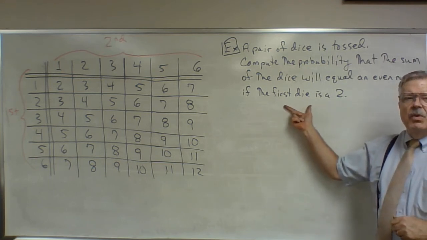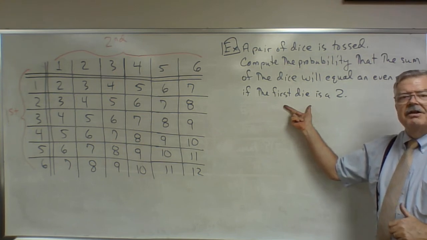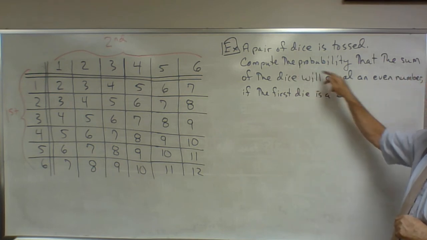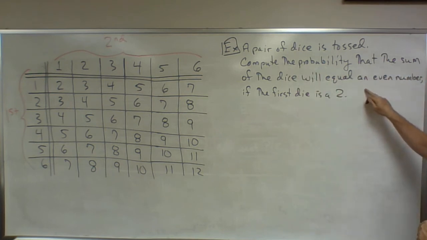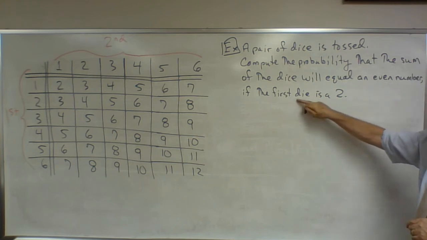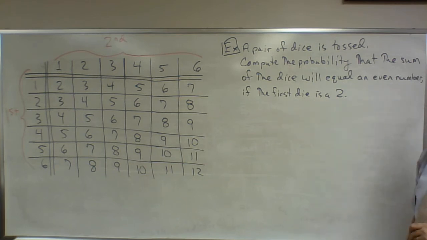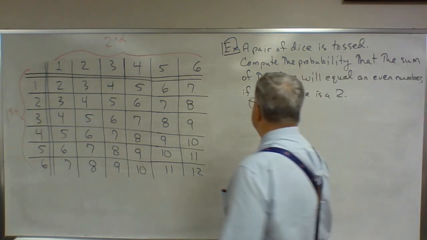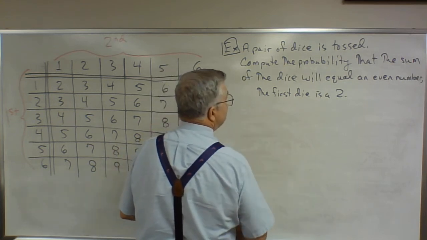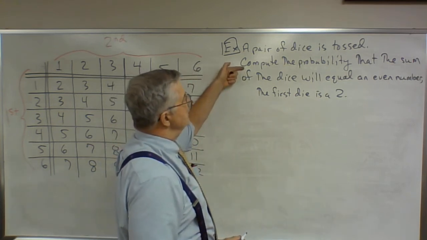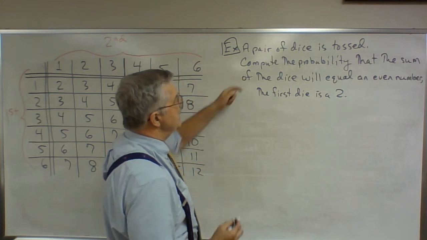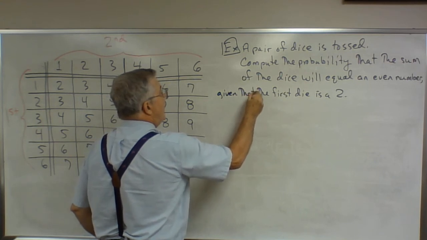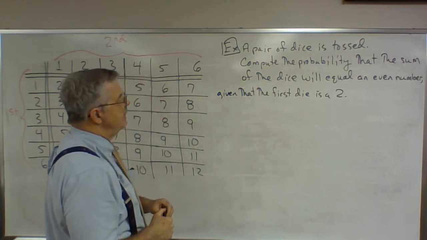We can reword this in conditional probability lingo. They say compute the probability that the sum of the dice will equal an even number if the first die is a 2. In conditional probability lingo, what they're really saying is compute the probability that the sum of the dice will equal an even number given that the first die is a 2.